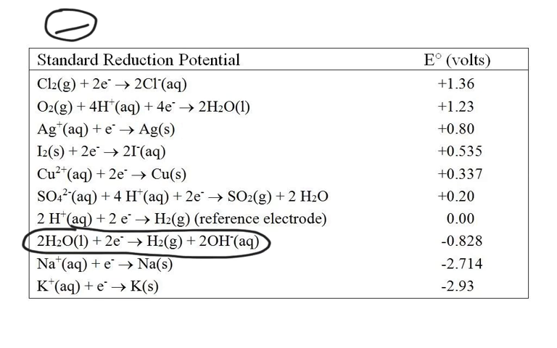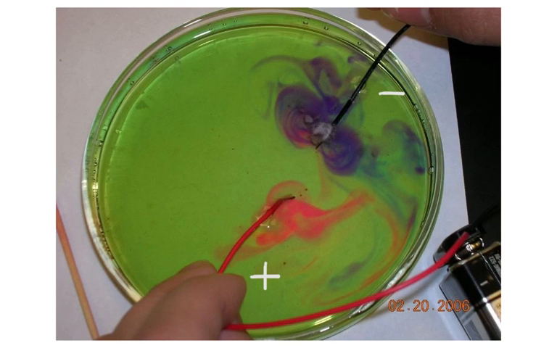So at the negative electrode, which is the cathode, there's reduction, and it's water getting reduced. So we see hydrogen and hydroxide at the negative electrode. We're seeing hydrogen gas being formed, and we're also going to have hydroxide ions being formed.